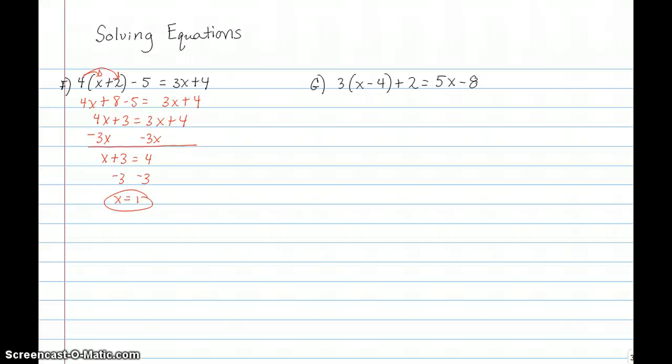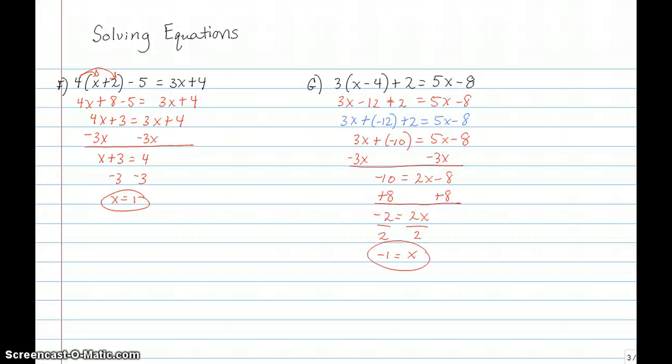And then you need to use the properties of equality. Please show all your steps, just as I did in letter F. You're going to show it in G. And please be aware that you may not always get an integer value for your answer. X may not equal a number like 1. It may be a fractional amount. Please do not convert it to decimals, however. So after you've solved it, turn on the recording again and see how you did.